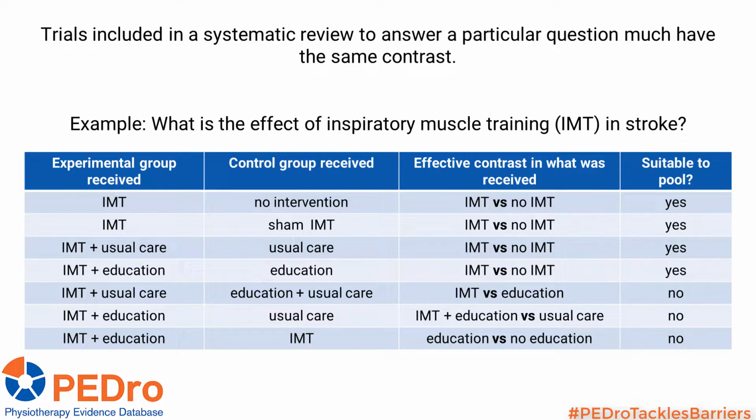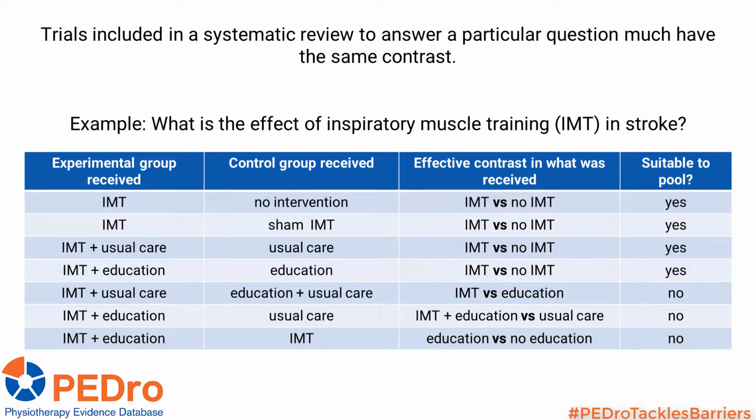And so for those trials, it makes sense to pool trials where that is the contrast. What's different in what the groups got was that the experimental group got inspiratory muscle training and the control group didn't. Unfortunately, I receive a lot of systematic reviews where, mixed in with those more pure comparisons, you would get other trials such as inspiratory muscle training versus education, or inspiratory muscle training plus education versus usual care.